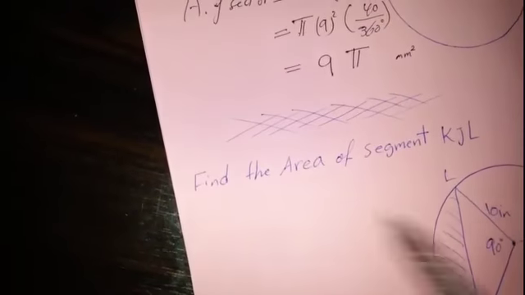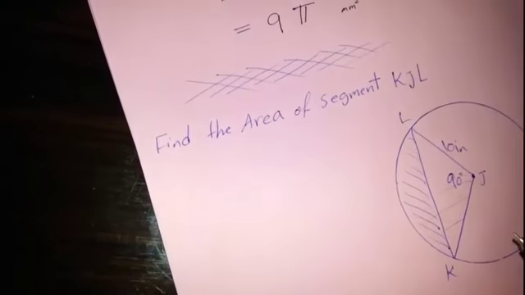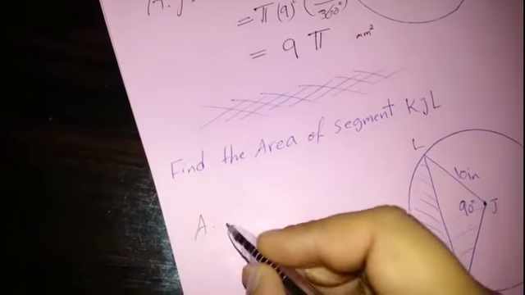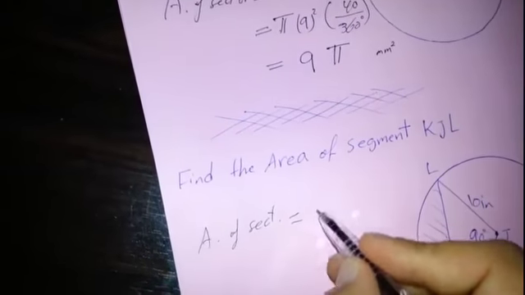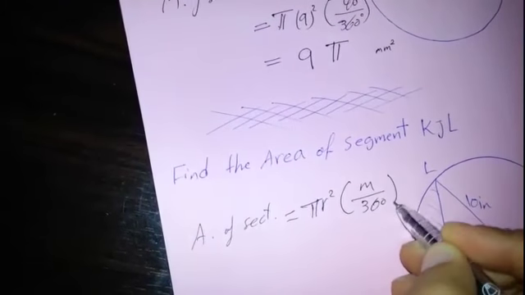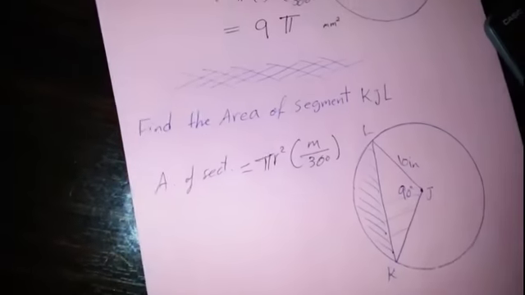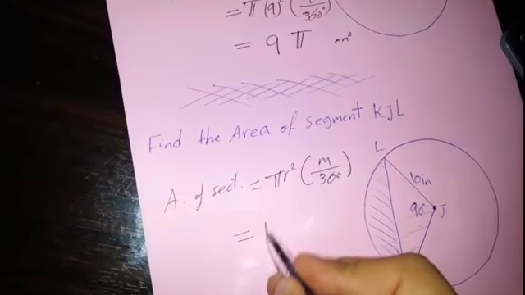Number 1, we will find the area of the whole sector. The area of the sector equals pi r squared m over 360. I will keep pi.